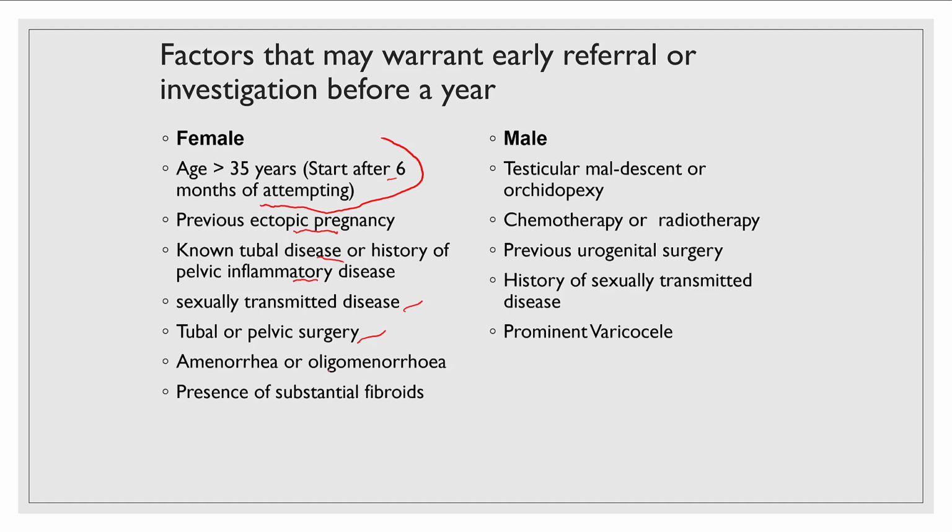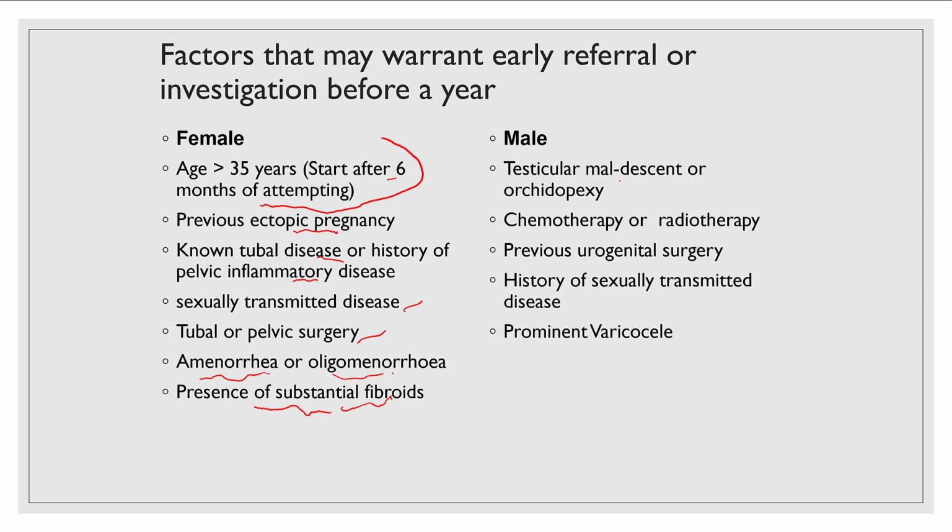Anybody having oligomenorrhea or irregular cycles or periods of amenorrhea, again, better to look into them. People who have fairly big fibroids, not those small subserosal fibroids, but submucous or large intramural fibroids, need removal. So anybody with anything suggestive of them having any wish for pregnancy, you need to refer.